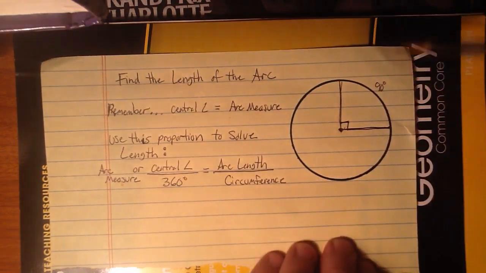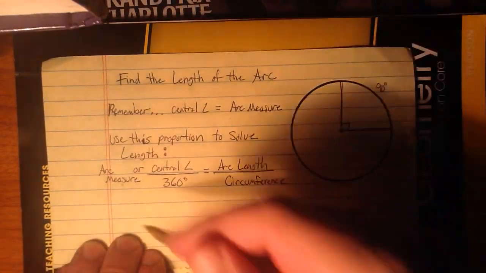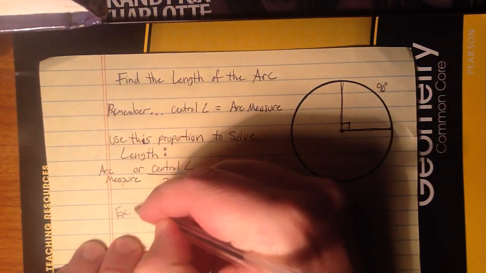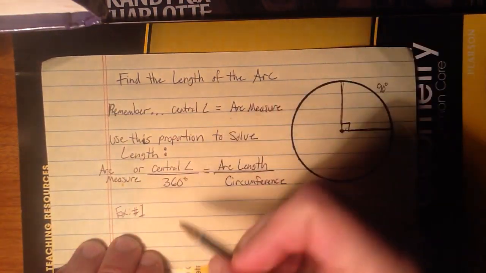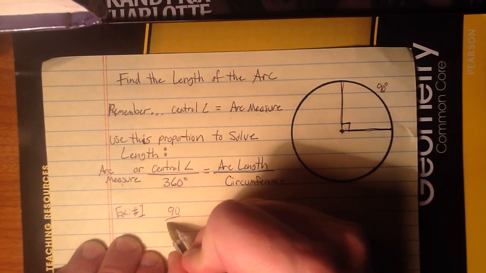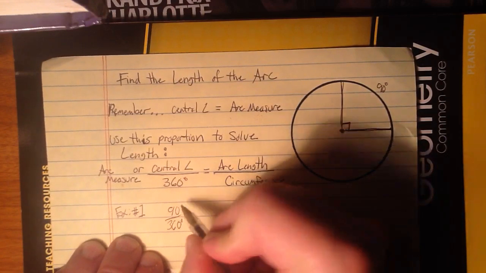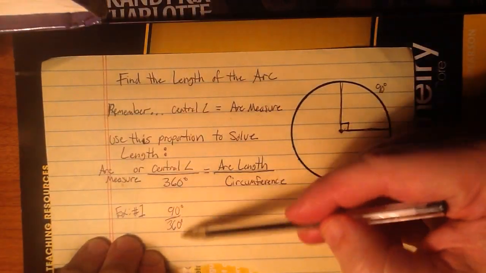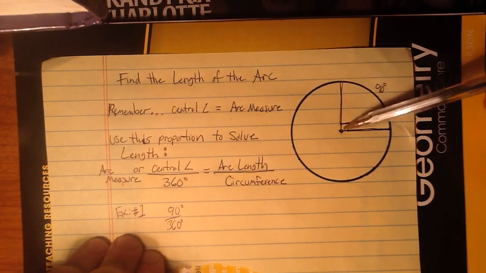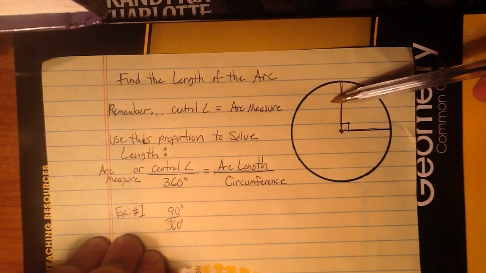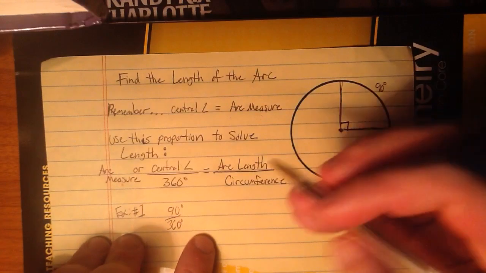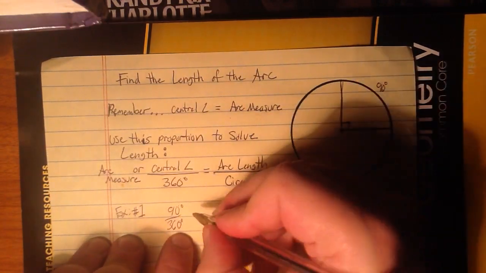So now in our first example, 90 is to 360. Now, does that make sense? That's 1/4. This is 1/4 of the circle, right?